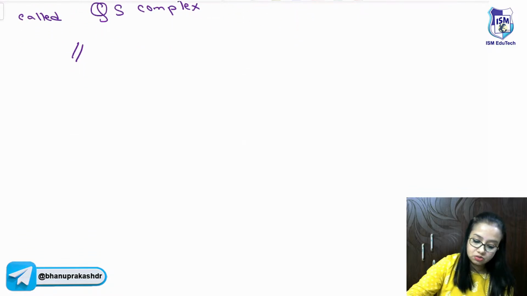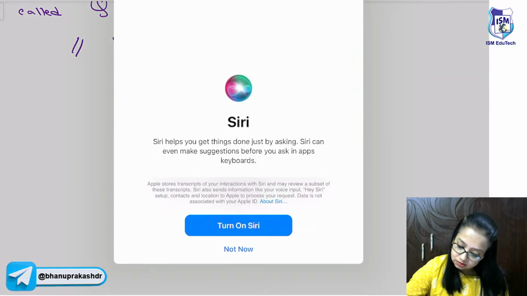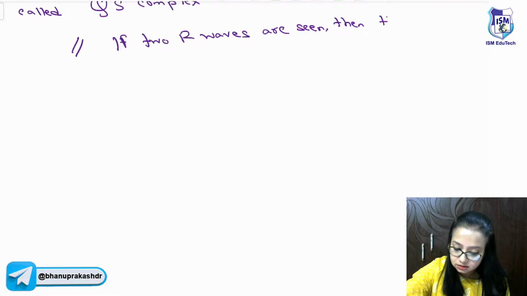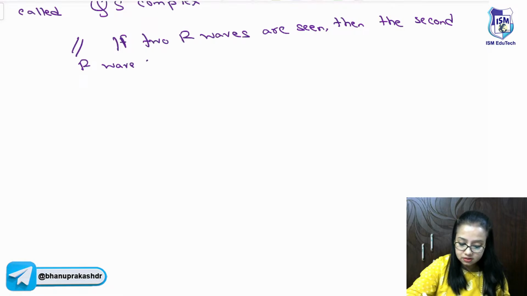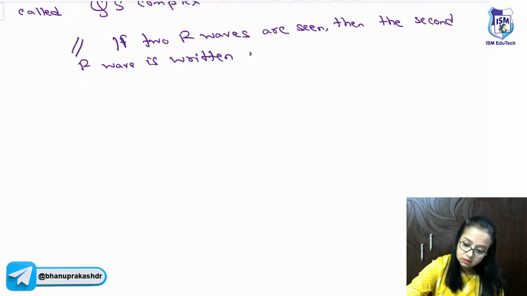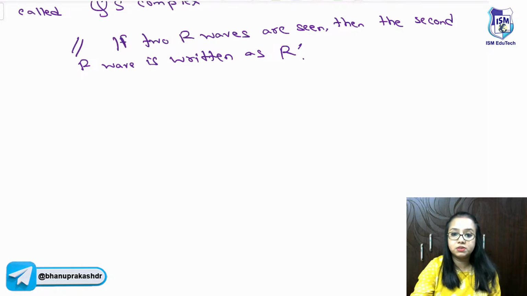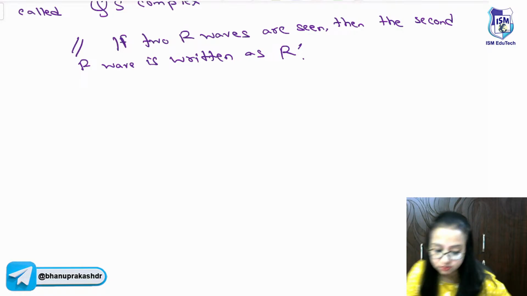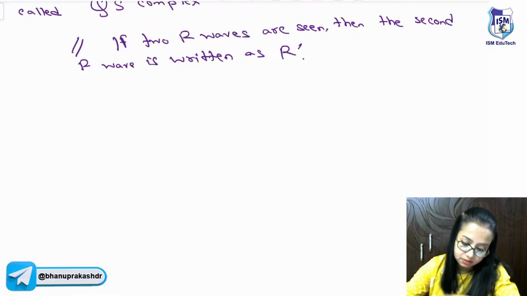Another characteristic is that if two R waves are seen, then the second R wave is written as R prime. A few of these examples we will study with the diagram.